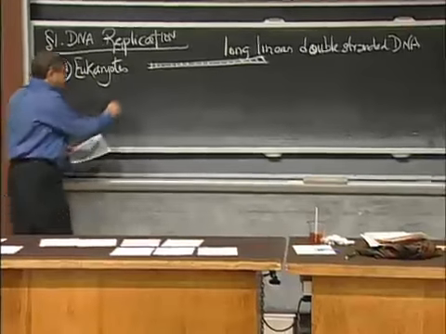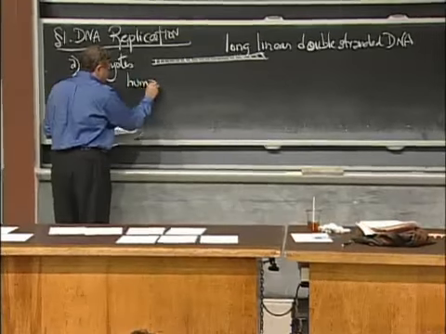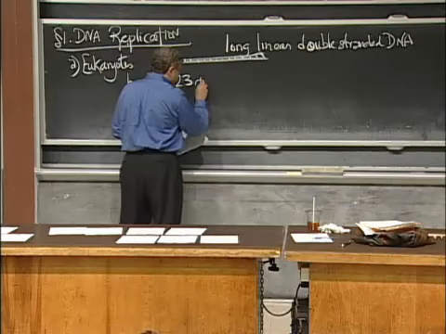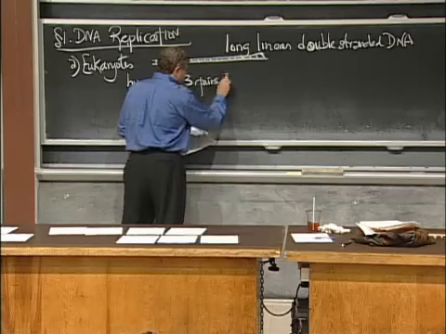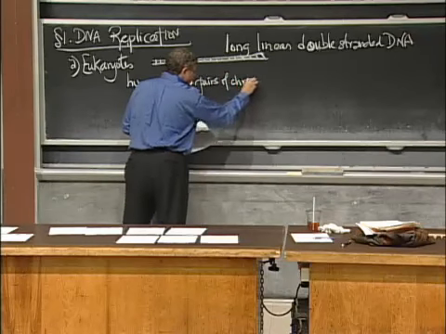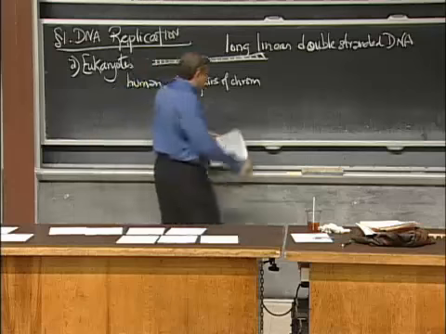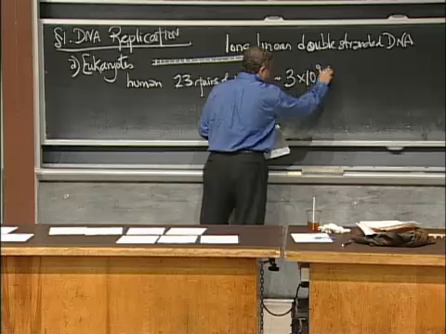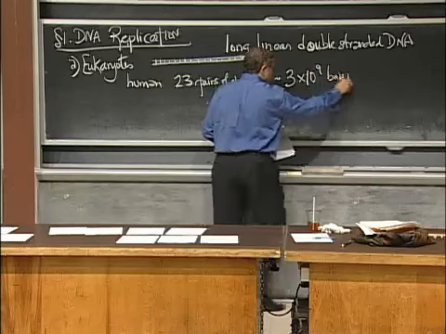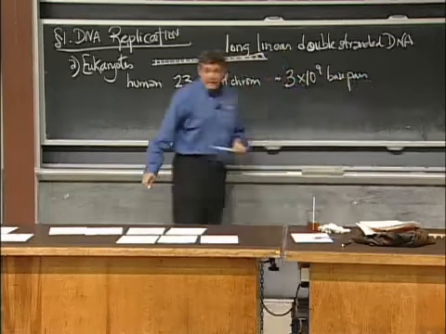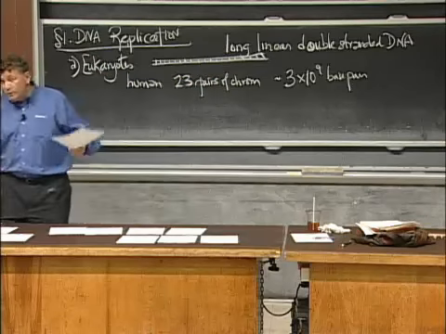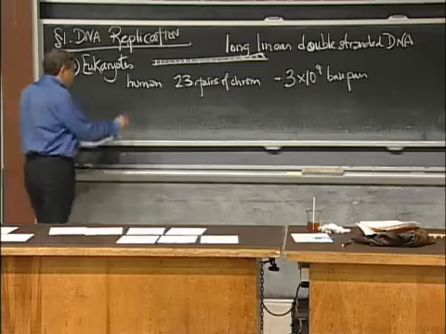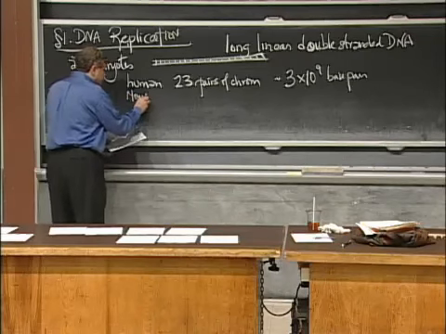The human, you actually have 23 pairs of chromosomes. And the total length of your DNA is about 3 times 10 to the 9th base pairs. So about 3 billion bases or so, typical chromosome on the order of about 150 million bases or so. The mouse, pretty similar.